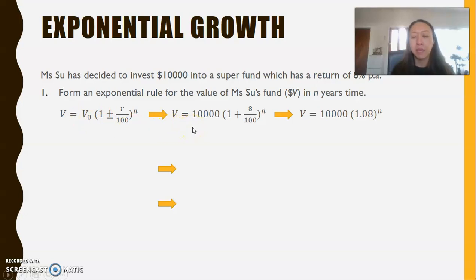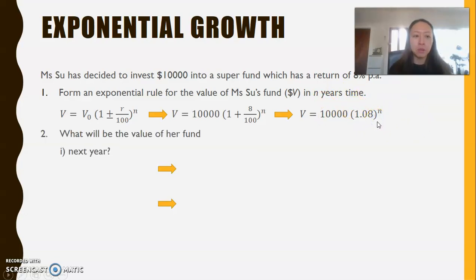Because this is a growth function, we plus, and the rate is 8%, so plus 8 over 100. We don't know how many years yet, so we just leave n as it is. If we simplify this, we get this exponential rule.